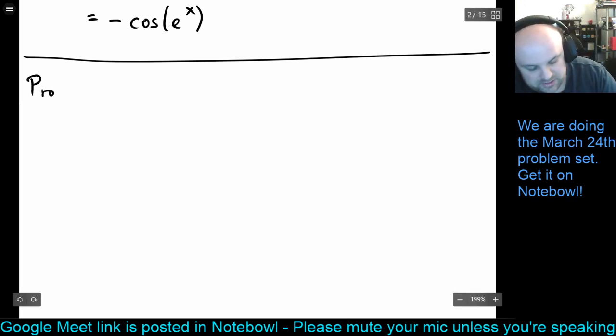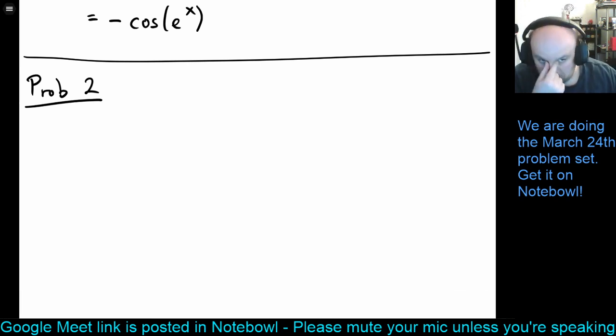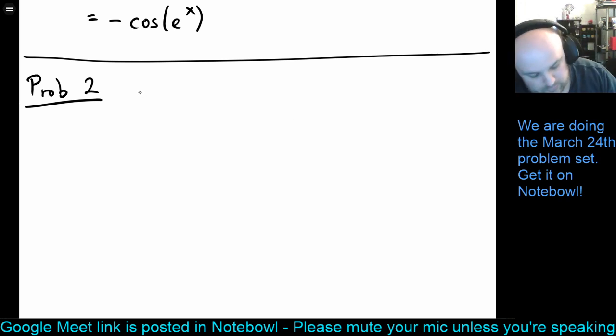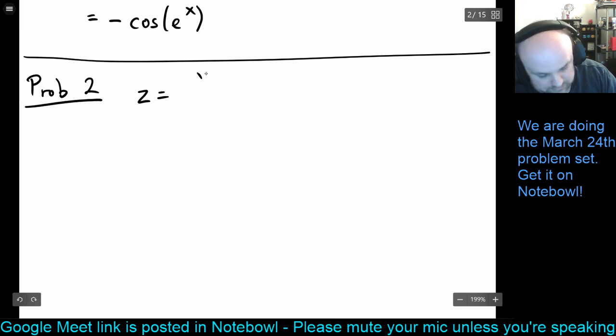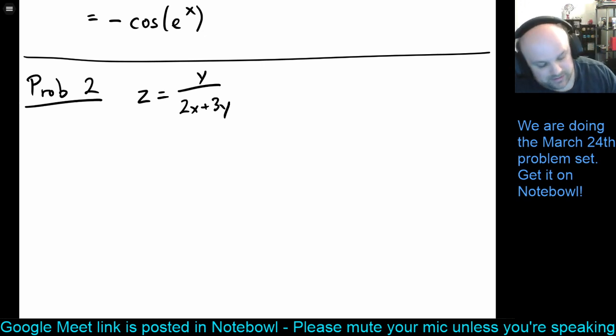Next we've got problem 2 here, about finding all the second partial derivatives. So we're finding all the second partials of this function here. In order to get to a second derivative, we have to do the first derivative first, right?